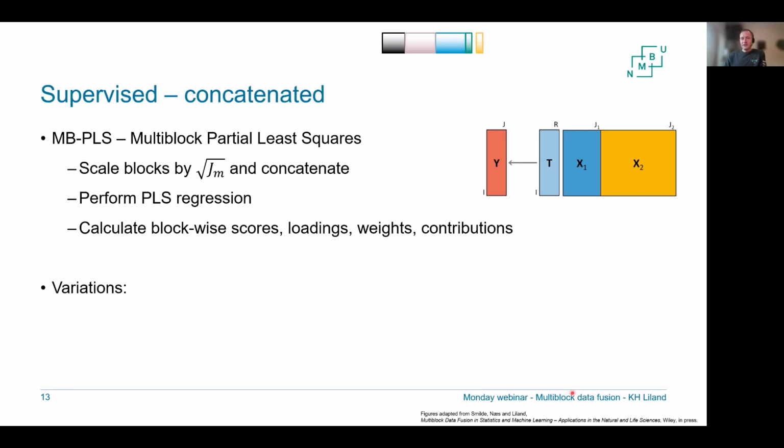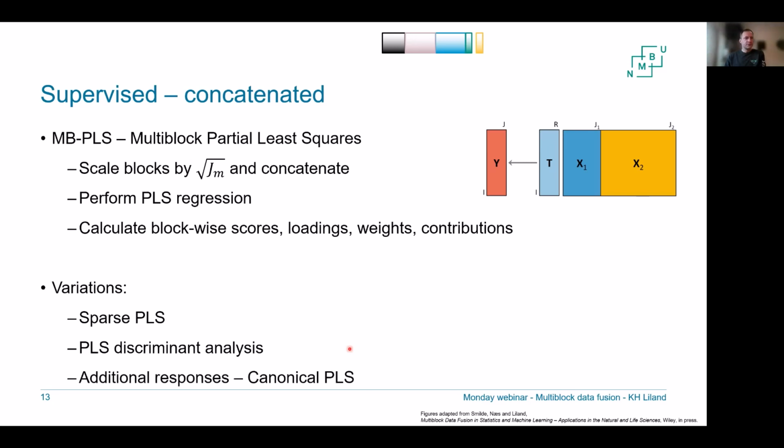And there are a lot of variations also on this method. If you exchange your basic PLS in the first step here with a sparse PLS, you will also induce sparseness in the multi-block solution. Yeah, you're not guaranteed to get sparseness in each of the blocks, but at least the global solution will be sparse. If you exchange your basic PLS with discriminant analysis or PLSDA, then you could do this for classification also.